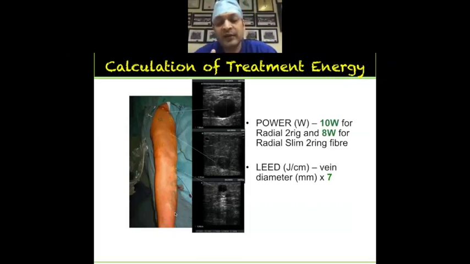So they have seen in different studies, and they have shown that different diameter veins with the same energy can be closed very nicely. So you can imagine this also, still we don't know, but laser is one of the only technologies which gives you a freedom that if there is a venous aneurysm on the way while you are treating the vein, you can increase the energy and damage that vein much better.